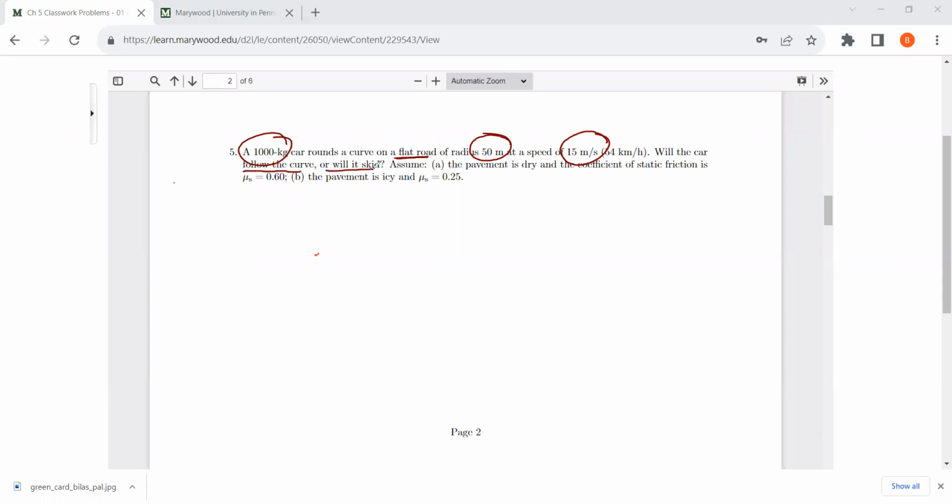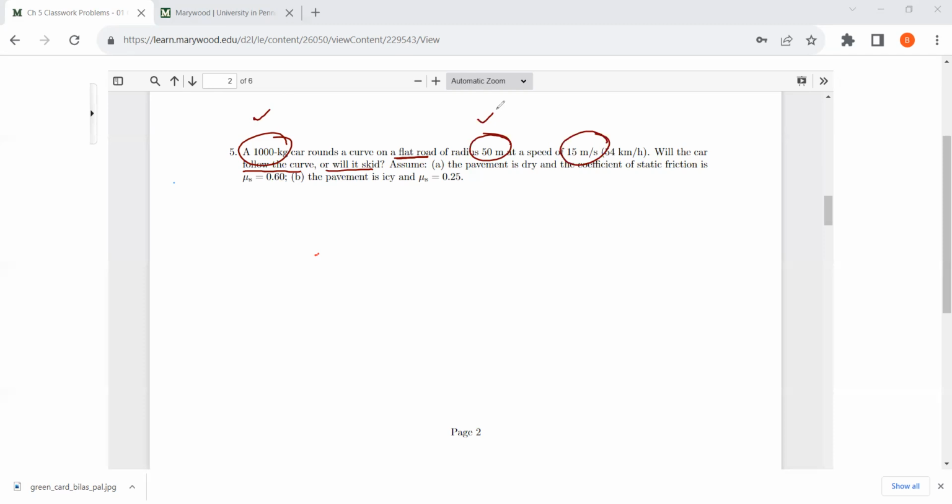We have to determine whether the car, with this information, will stay in the curve or skid. The mass of the car is 1000 kilograms, the highway curve radius is 50 meters, and the car is moving at 15 meters per second.